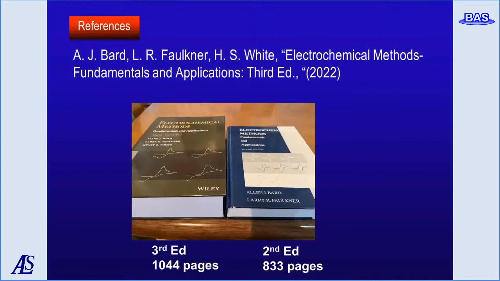The perfect reference book is Allen J. Bard's textbook. A third edition has recently been released. The book is now about 1.3 times as thick as the second edition, as shown in this slide.